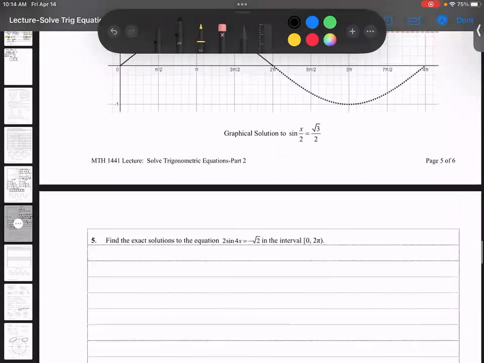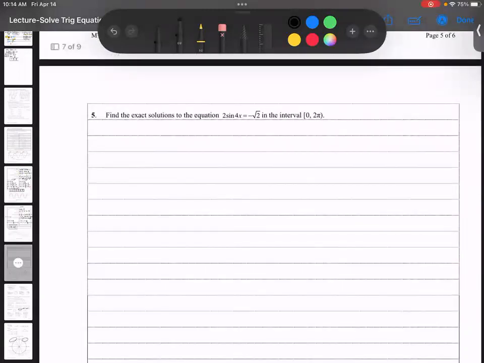Some of you get very well with the procedure. All right, so same thing, right? First off, divide both sides by 2. So sine of 4x, put that in parentheses so you know that you don't remove the 4. Right? It's part of the input. Equal negative root 2 over 2.